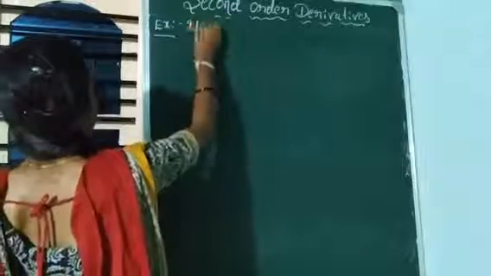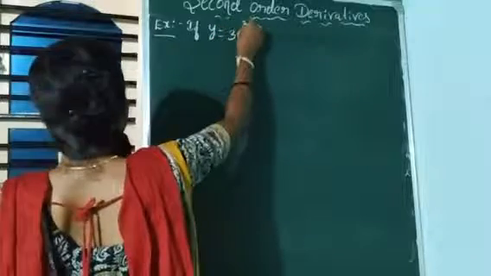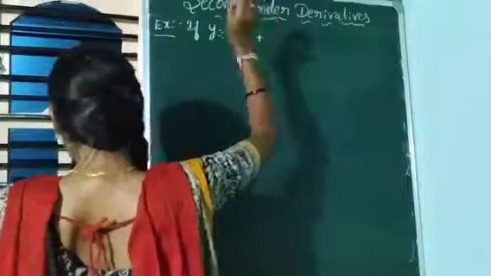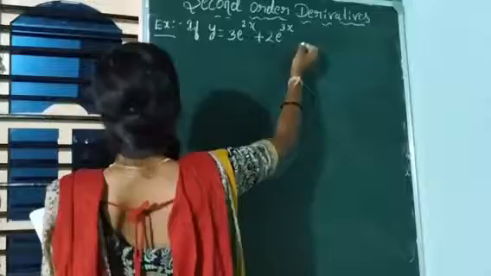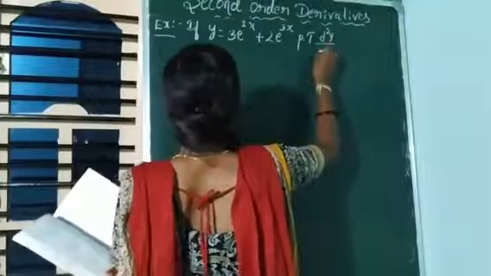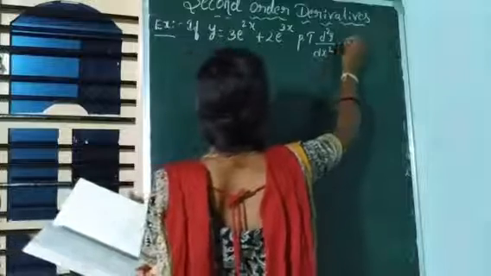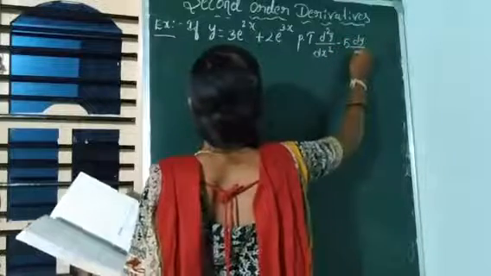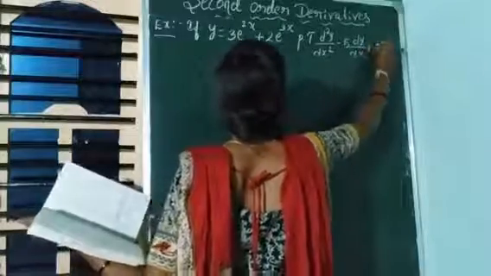If y is equal to 3 times e power 2x plus 2 times e power 3x, prove that d square y by dx square minus 5 into dy by dx plus 6y is equal to 0.